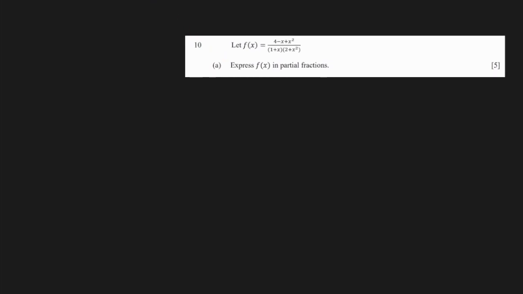Okay, question number 10. It shows us a rational function and says express f(x) in partial fractions. Two parts are already factored, so it becomes easy for us. 4 minus x plus x square over 1 plus x times 2 plus x square.